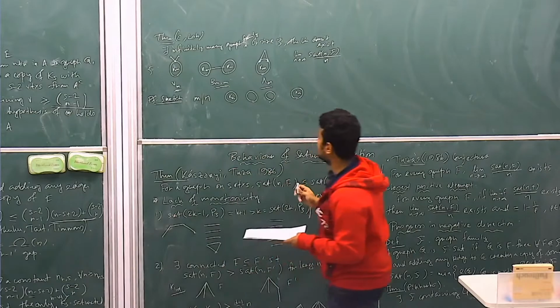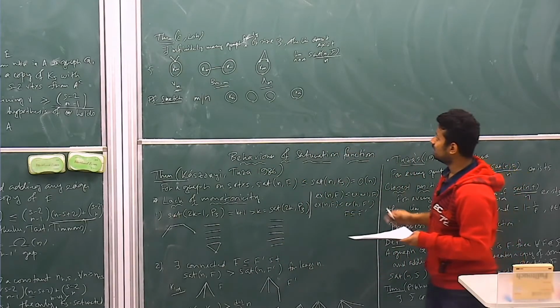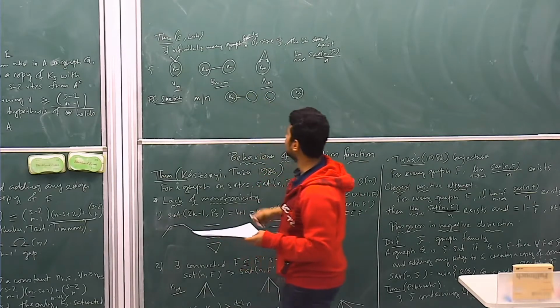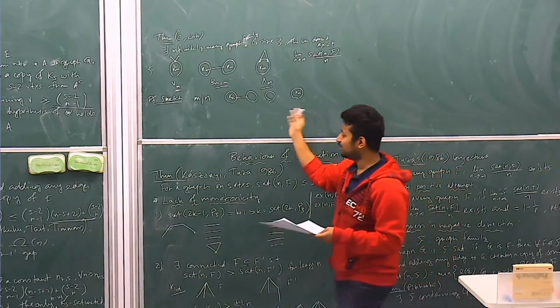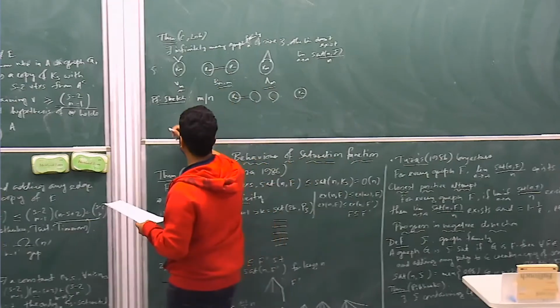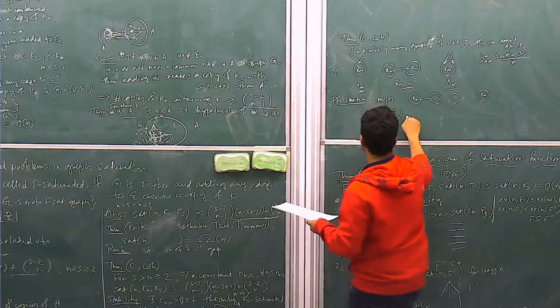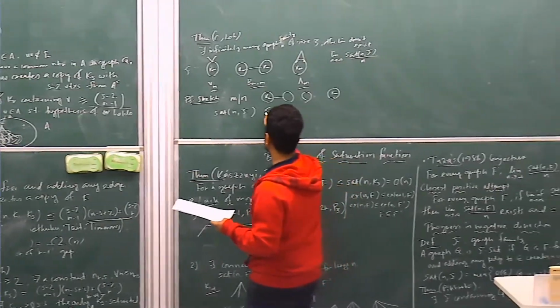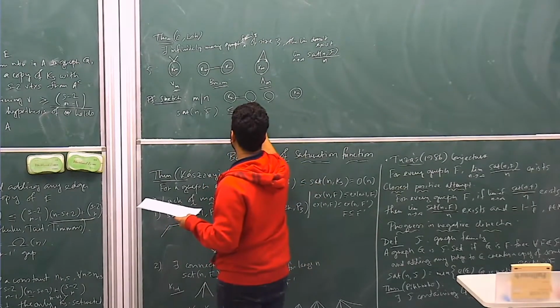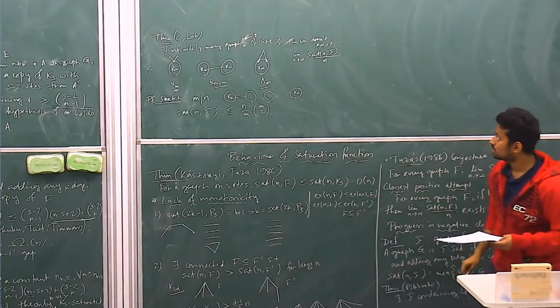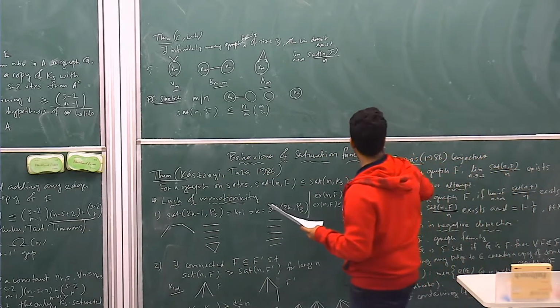So this is F-saturated, right? Because if you add any edge, that creates one of the forbidden graphs, and you can check that this disjoint union of K_m's doesn't contain any of those graphs. So we have sat(n, F) is at most n over m times m choose 2. This is just the number of edges in the construction.